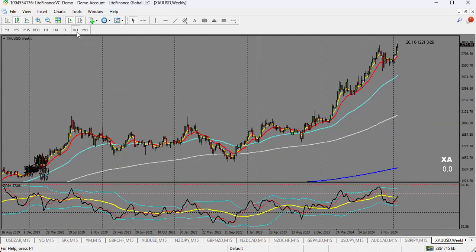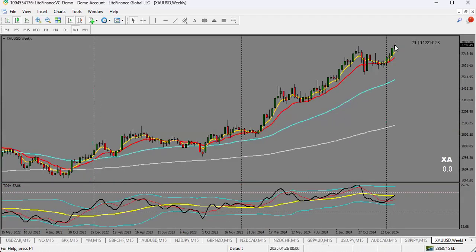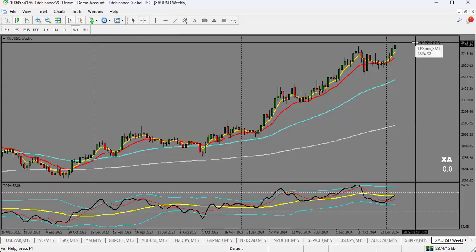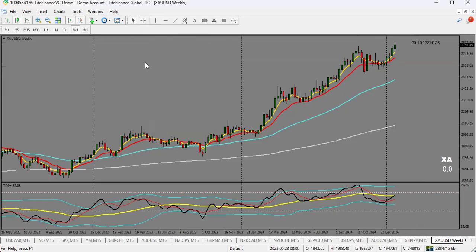In January, we had a new high set on gold. So it has set a new high at around 18.17. That's a new high for gold.